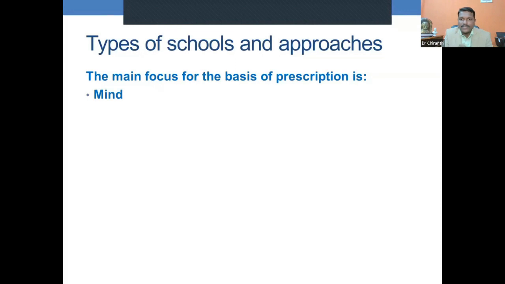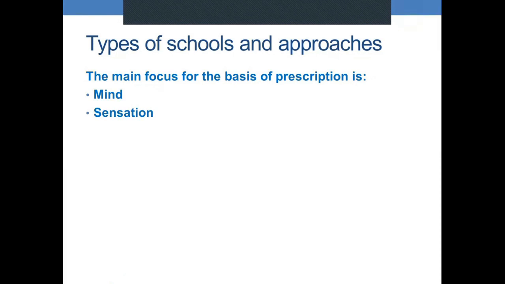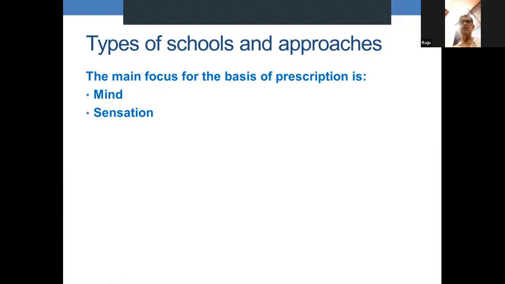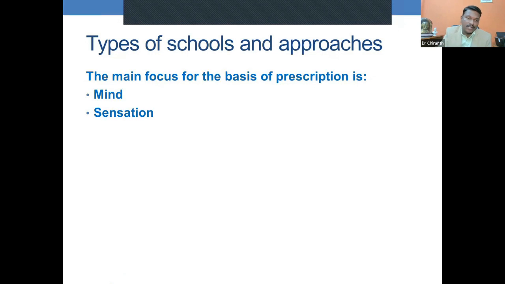Whatever the case, some tend to extract more of the mind symptoms and analyze accordingly, and their prescription is based on that. And we have one more school of philosophy, the Sankaran Academy, where we have learned a lot about sensation, different dimensions of the remedies where sensation is the main focus.